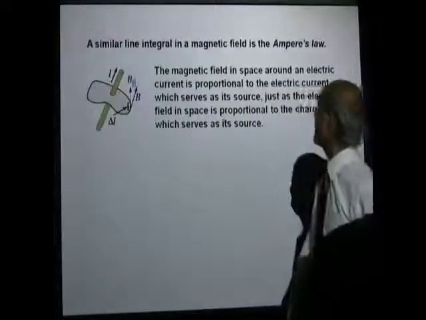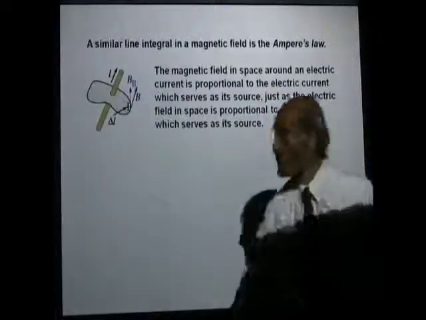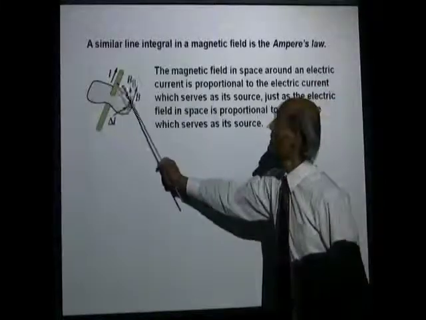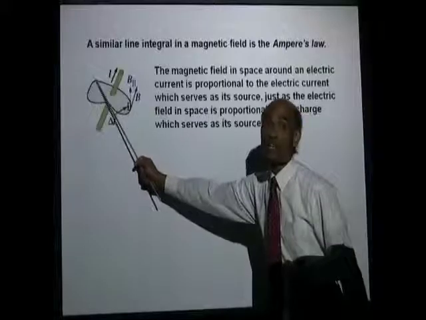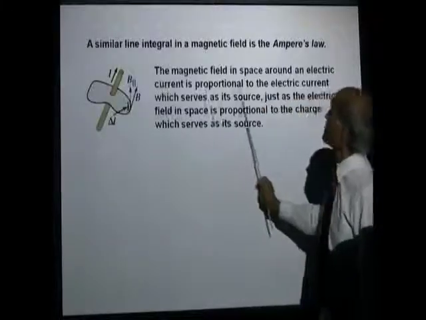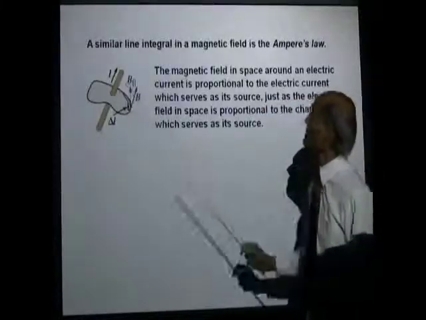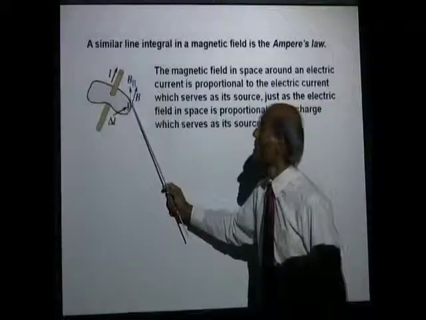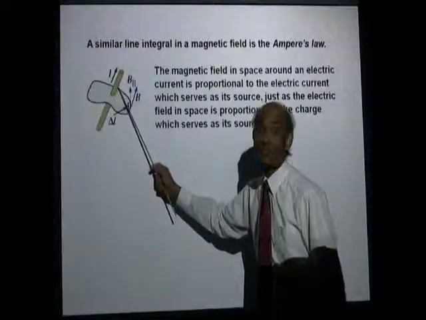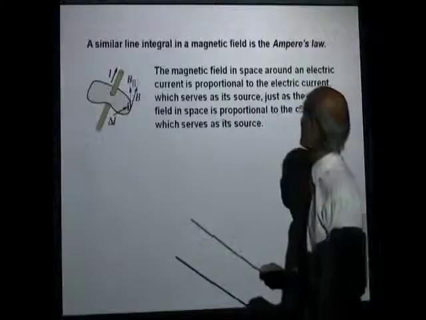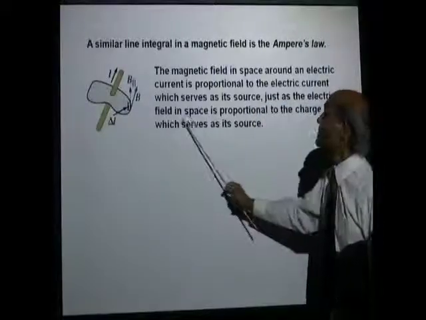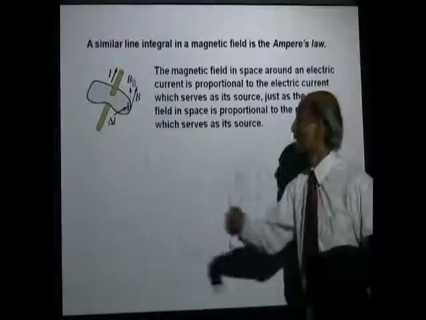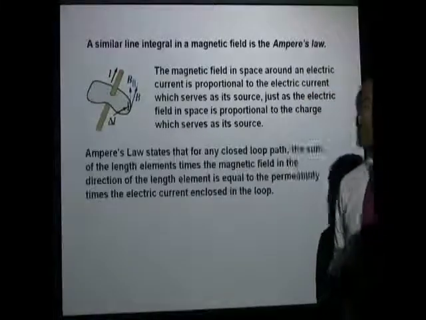The magnetic field in the space around an electric current is proportional to the electric current which serves as its source. In fact, the magnetic field is created by the current in this conductor, just as the electric field in space is proportional to the electric charge which serves as its source.